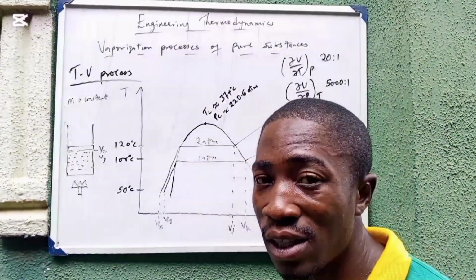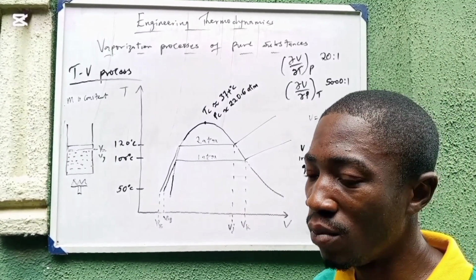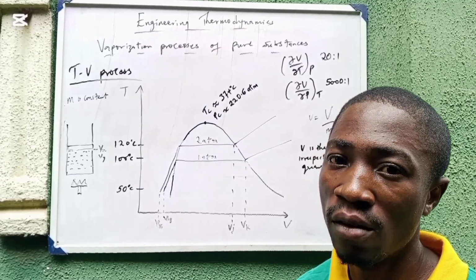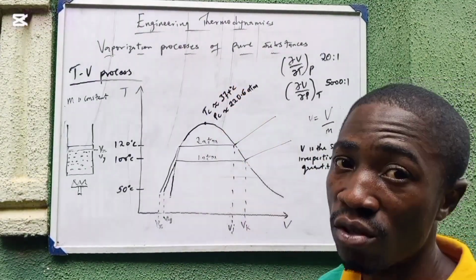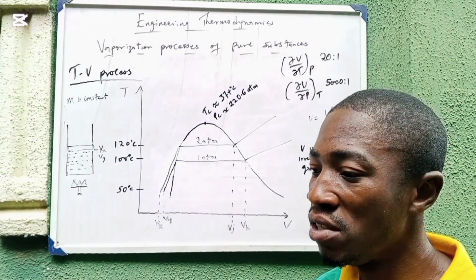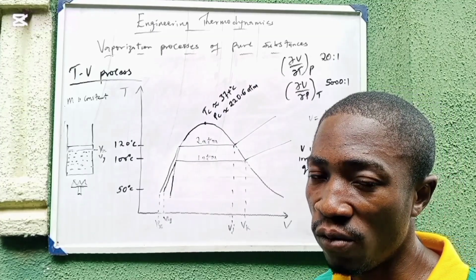At that point, water is said to be in a critical state. It's called a critical state because vapor cannot be differentiated from liquid again. Once the temperature rises above 374 degrees Celsius, water becomes a supercritical fluid. What that means is that it is no longer in the liquid phase nor in the vapor phase.